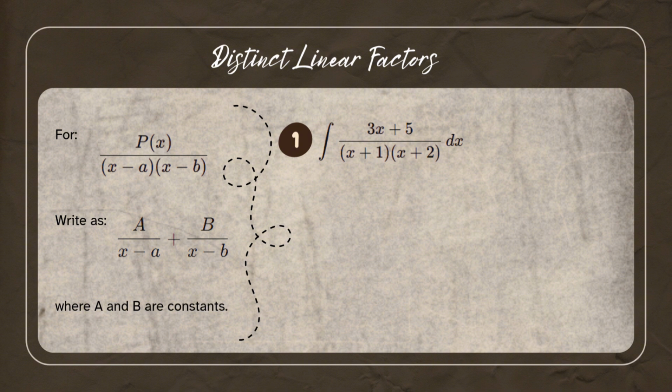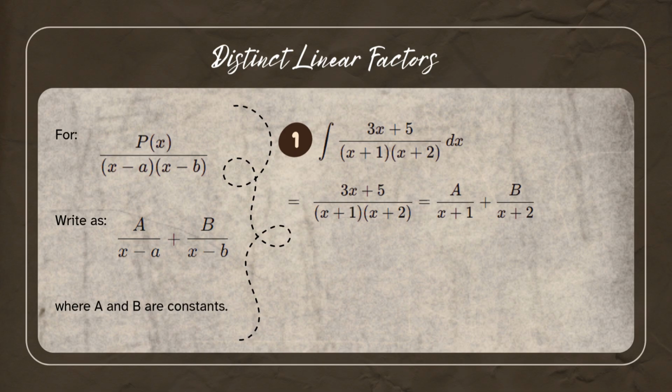If you have an integral of (3x plus 5) over (x plus 1) times (x plus 2) dx, the first step is you need to rewrite it as A over (x plus 1) plus B over (x plus 2).